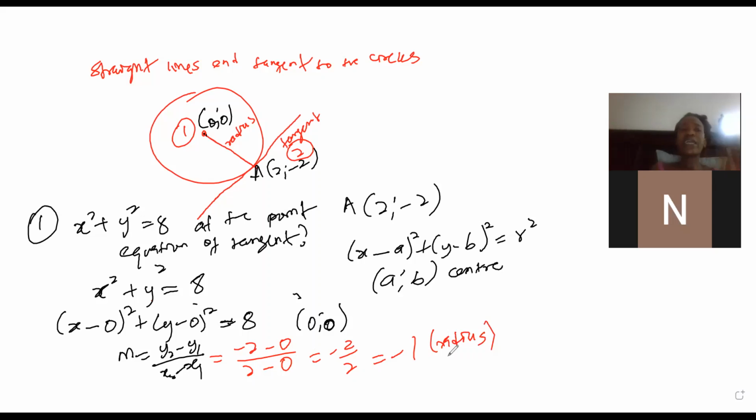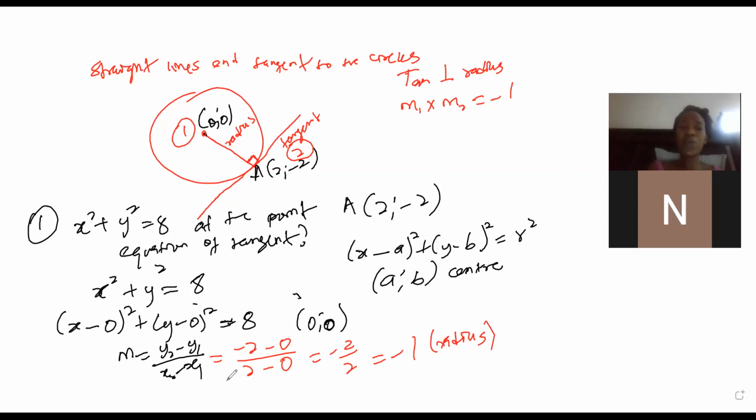Now we said the tangent is always perpendicular to the radius. And we said if you've got two lines that are perpendicular, when you multiply their gradients, they give -1.